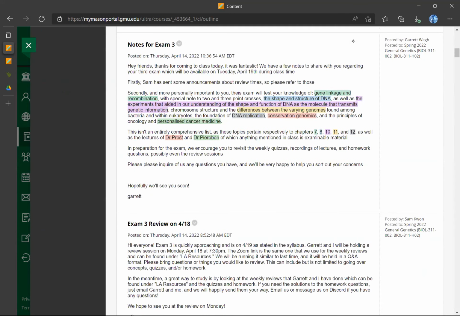So chapter 11 is yellow: the differences between varying genomes, like mitochondrial, chloroplastic, and nuclear DNA. We can pull up the slides on that if you'd like. Chromosome structure maybe? Or is that a different chapter?